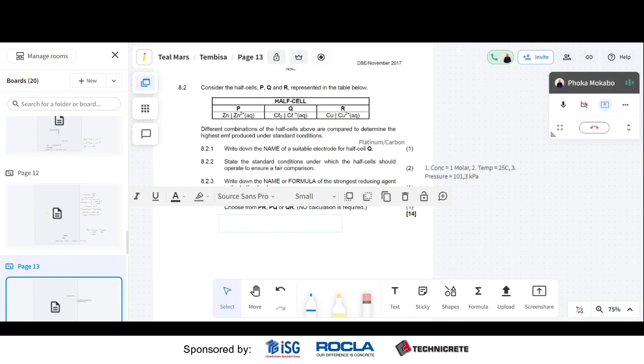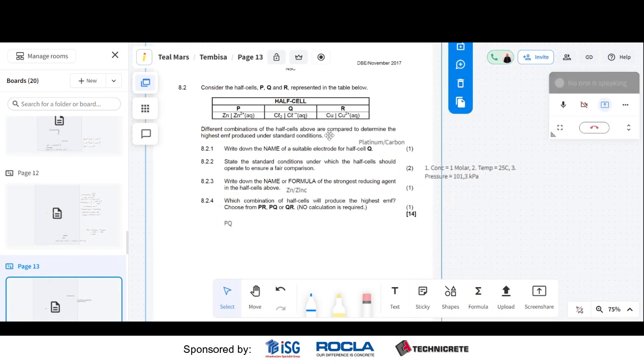Again, I'll repeat, the two that are furthest away from each other on the table, and that would be P and Q. Zinc and chlorine are furthest away from each other on the table, as opposed to zinc and copper or chlorine and copper. Okay, and that would be 8.2.4.